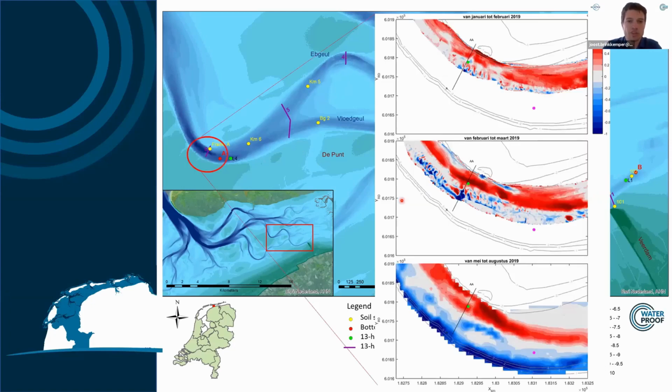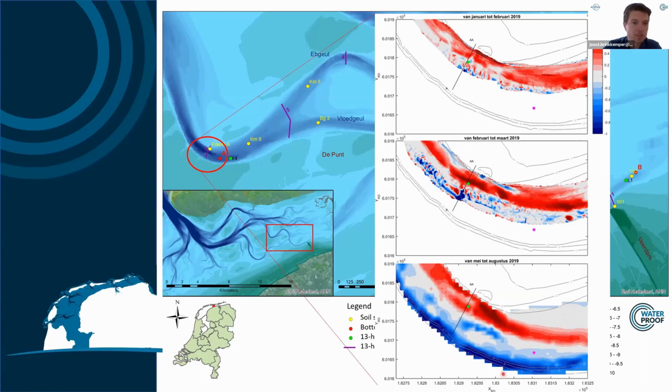So to illustrate how dynamic this area is, I show here the differences between 5 morphodynamic surveys that were done in the first half of 2019. And you can see here in red deposition and in blue erosion of the channel, and the numbers are in meters per month. And you can see that they are up to 1 meter per month.